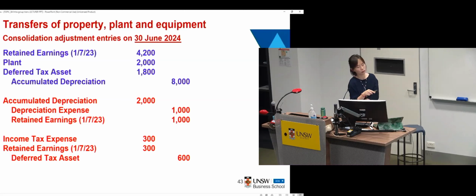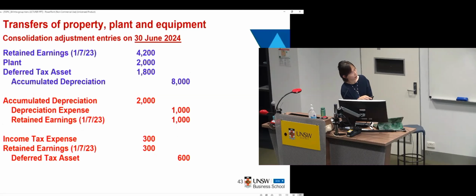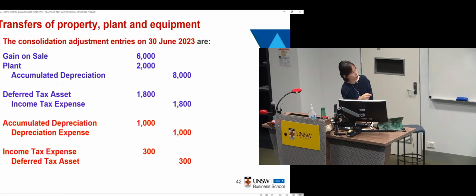Now let's look at year 24 worksheet entries. So you can see last year's debit gains on sale, now closed to retained earnings, right? So you can see the retained earnings adjustment is based on the prior year after-tax intra-group unrealized gains. So that's 6,000 minus 1,800 tax. Okay?